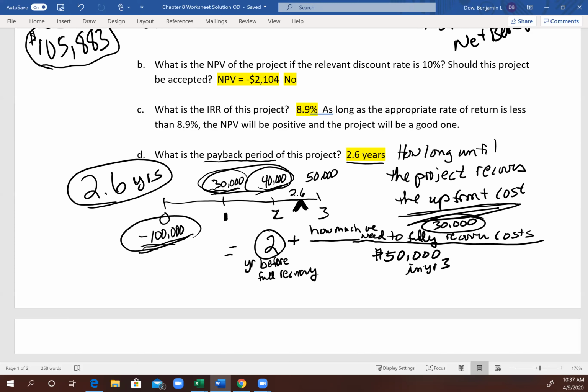If you've got a project that pays for itself pretty quickly, you can have some bad things happen, and as long as it doesn't happen in a short period of time, you're better off. If someone said, I got this idea, we're going to need to put up a whole bunch of money, and in 15 years we get our money back, that's a little bit more risky than someone saying, I got a project, we put the money up today and we get paid back within 9 months. As long as everything goes well for 9 months, we get our money back, and everything after that adds to our profitability.